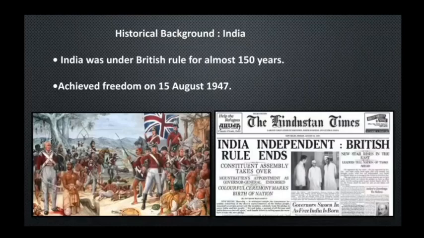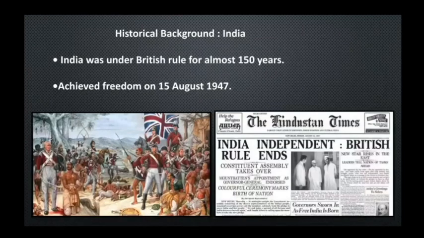Now children, let us understand the historical background of India. You have already learnt about India's freedom struggle in your history lessons. Let us just revise it again. India was under British rule for almost 1.5 centuries. We got our freedom in the year 1947.